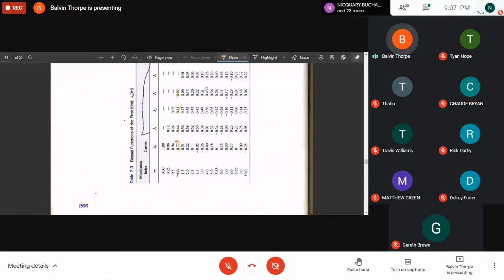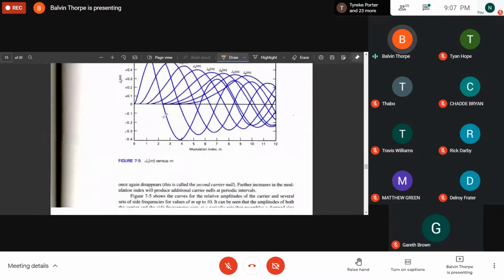And there are more side frequencies. For J2 at a modulation index of 1, the carrier amplitude is reduced by 0.11, so it's 10 times 0.11, which gives 1.1.